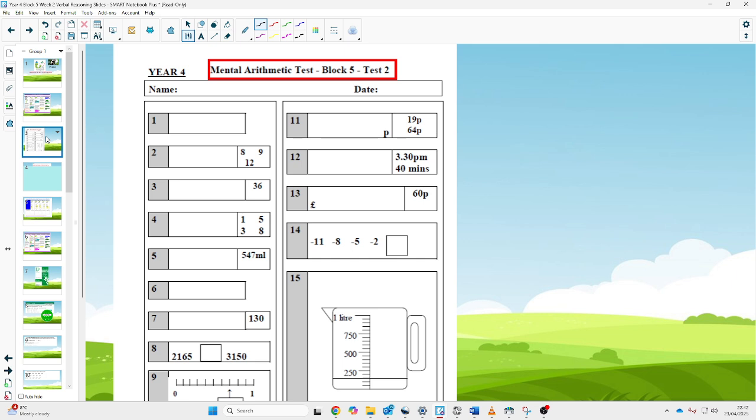How many less than 77 is 36? Question 4. Make the smallest number you can from 1, 5, 3 and 8.